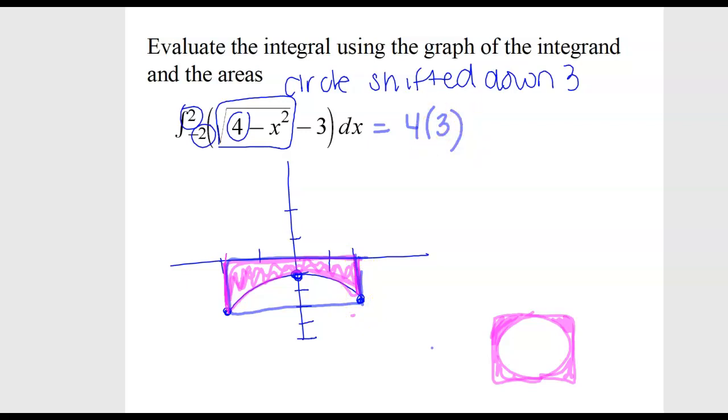So the area of the rectangle is 12. And then that blue rectangle would be everything in here. So if I want to find the pink, what do I have to subtract away? Exactly. So we're going to subtract away the area of the semicircle.